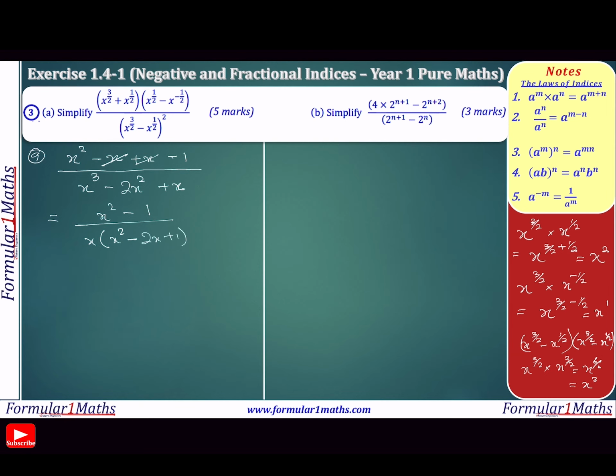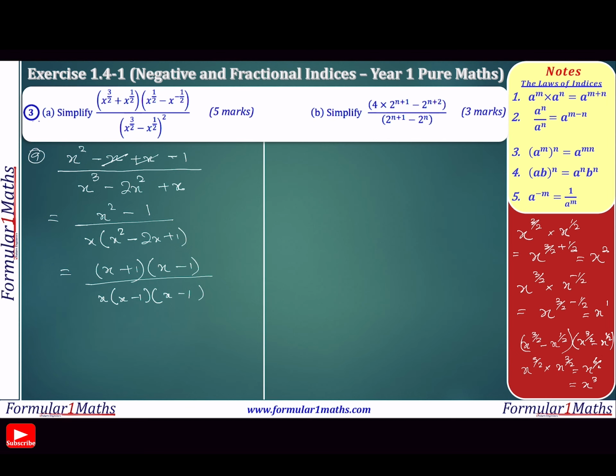And we need to also recognize that the numerator is the difference of two squares. So we are going to get x plus 1 and x minus 1. For the denominator, we can leave this x out and then factorize the quadratic expression here. If I do that, I'm going to get x minus 1 and x minus 1.